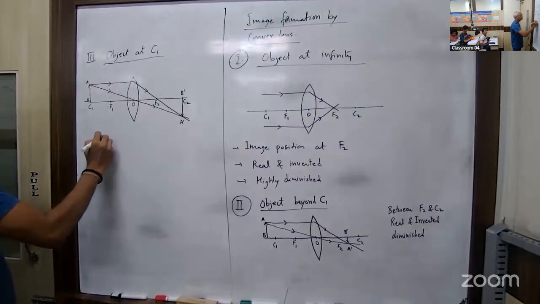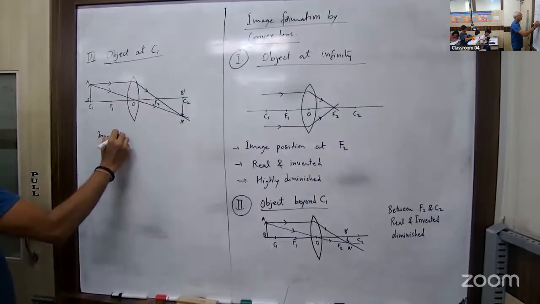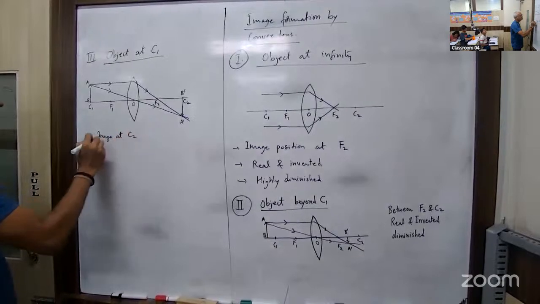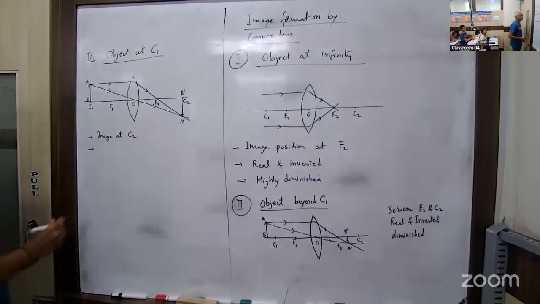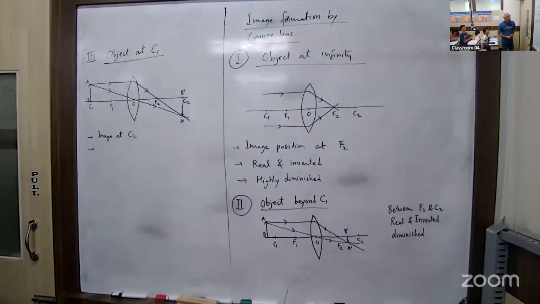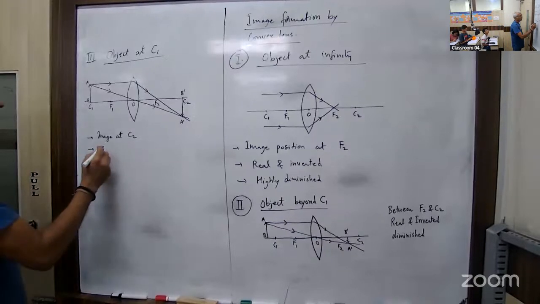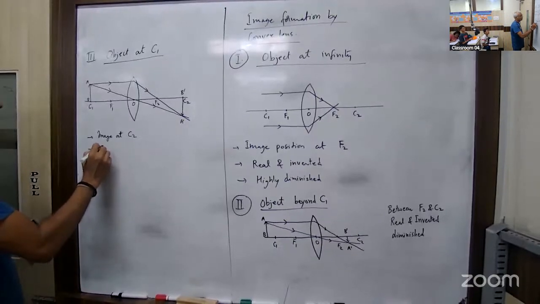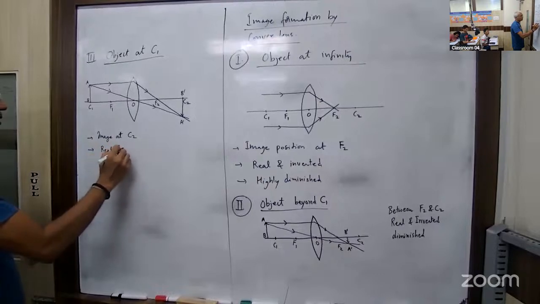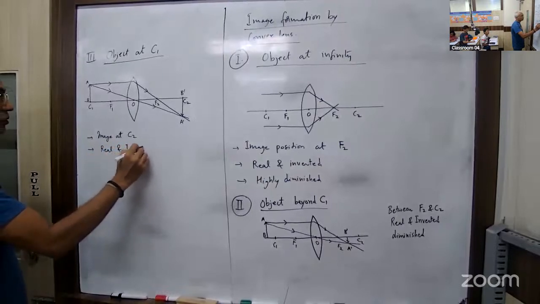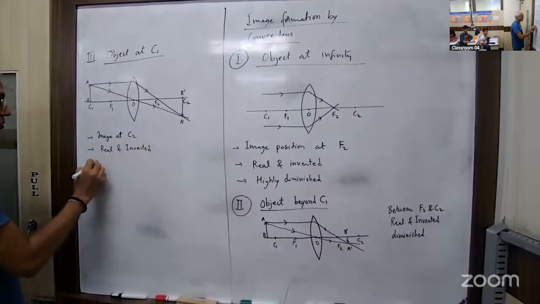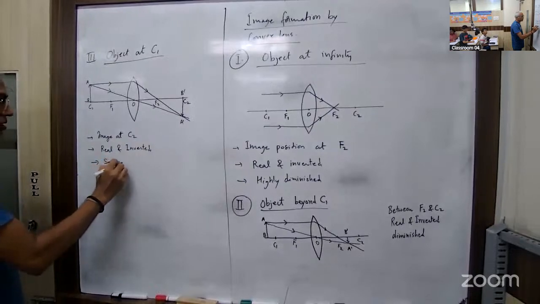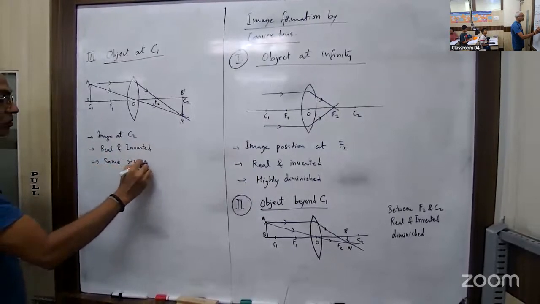Okay, so image at C2. Then what do you have? Real and inverted. Same size as object.